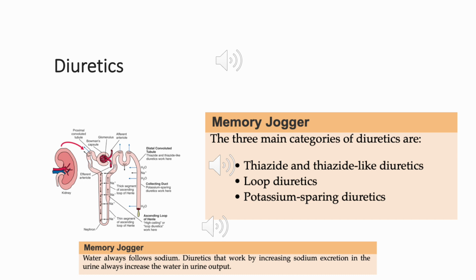The most effective diuretics are those that work at the ascending loop of Henle in the nephron.